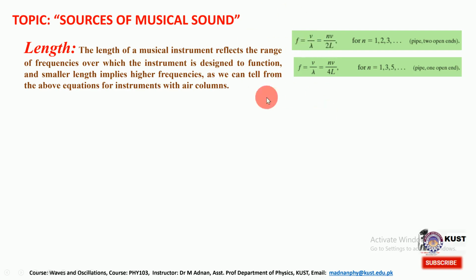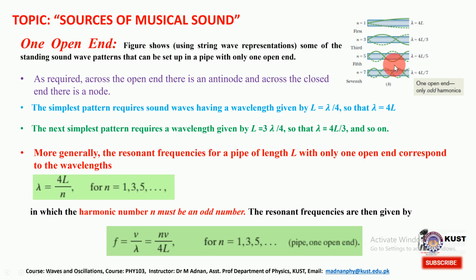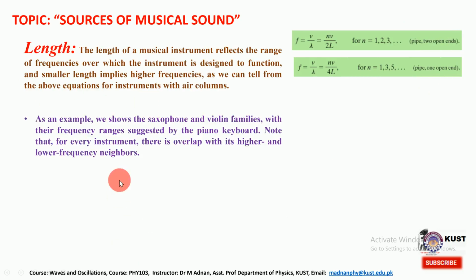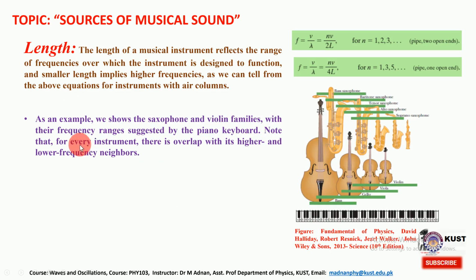And also if we see the length of this pipe, as the lambdas keep getting smaller and smaller, the frequencies will be higher and higher. That's why we have this. As an example, we show the saxophone and the violin family with their frequency range suggested by the piano keyboard.